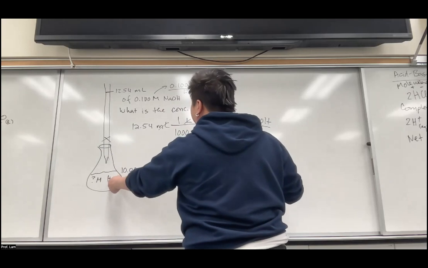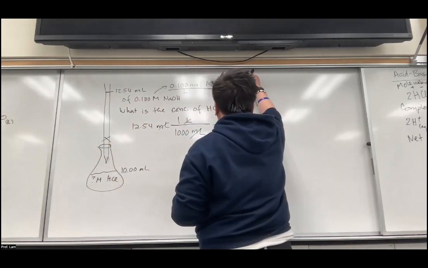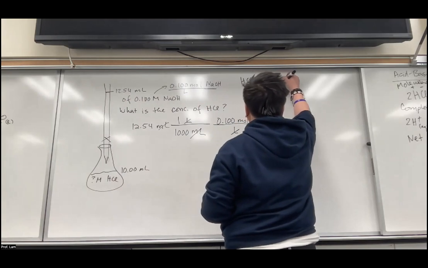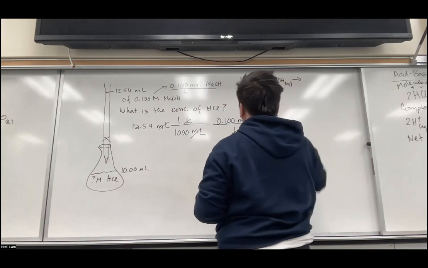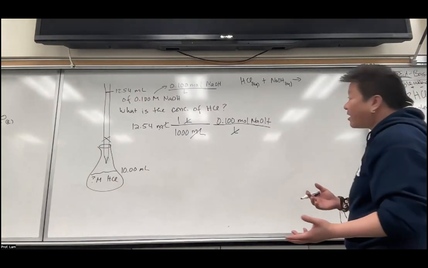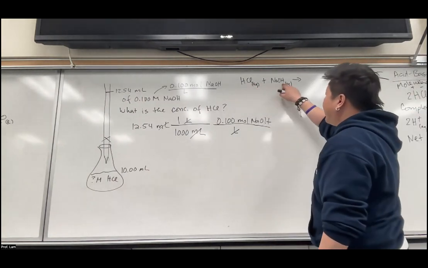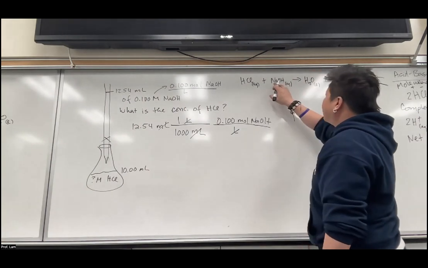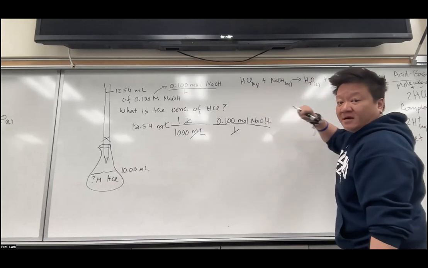So what did we react? HCl aqueous plus NaOH aqueous. Those two. And you guys know how to predict products now, right? H plus and OH minus come together to make water, plus Na is going to come together with Cl.